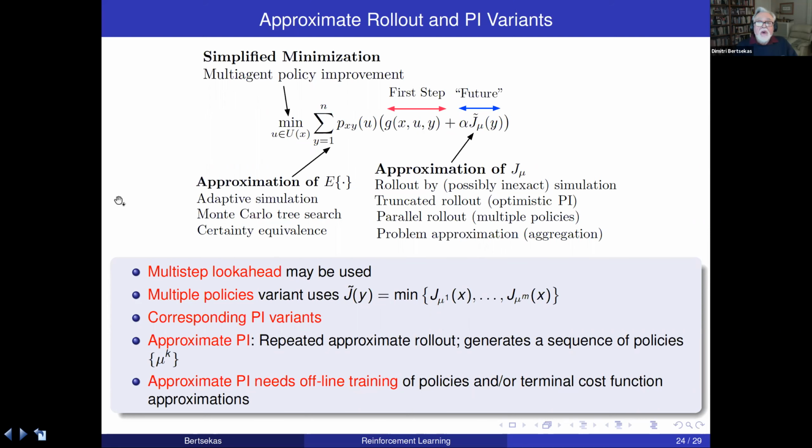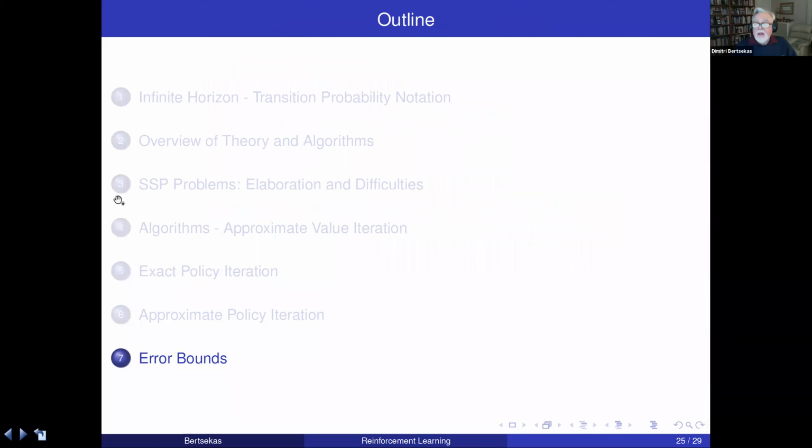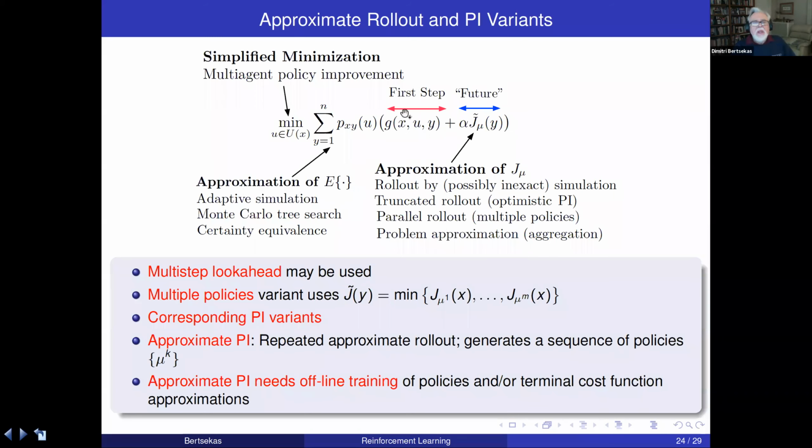Okay, so now our last topic is error bounds. Here, we do a lot of approximations in the minimization, approximations in the cost function of the base policy, other stuff here.